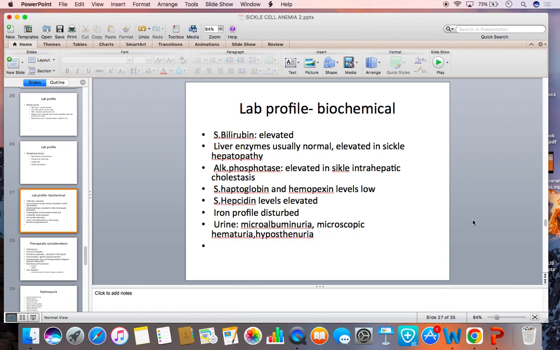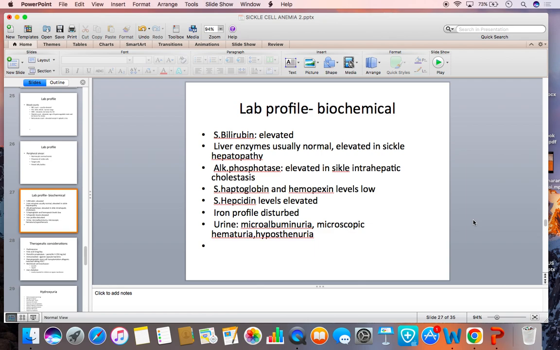Biochemical. Take the serum bilirubin, usually elevated, indicating chronic hemolysis. Liver enzymes, usually normal, elevated in sickle hepatopathy. Take the alkaline phosphatase, which is elevated in sickle intrahepatic cholestasis. Check for serum haptoglobin and hemopexin, which are low, indicating chronic hemolysis.